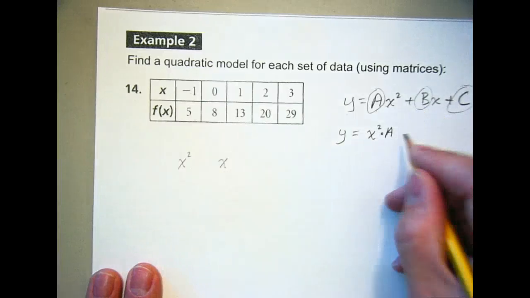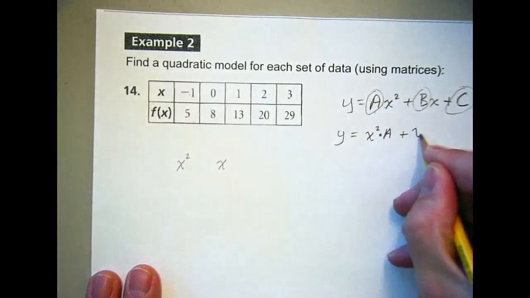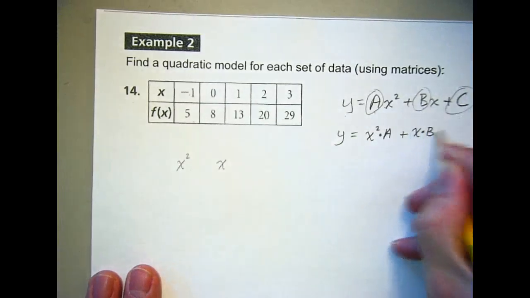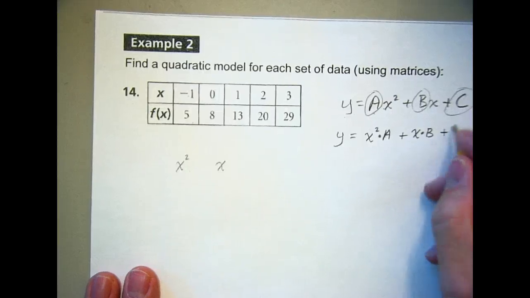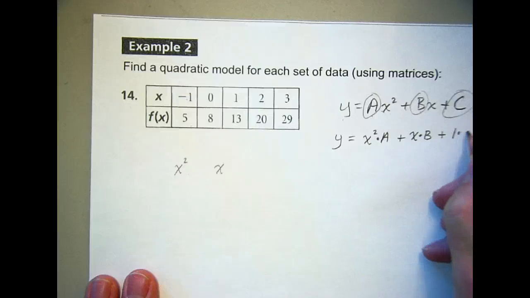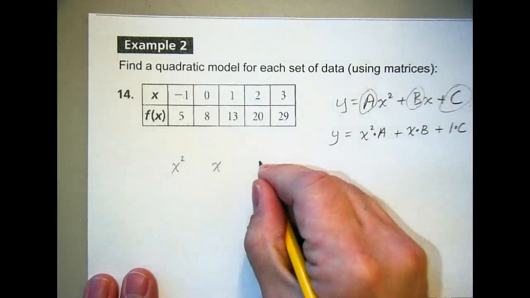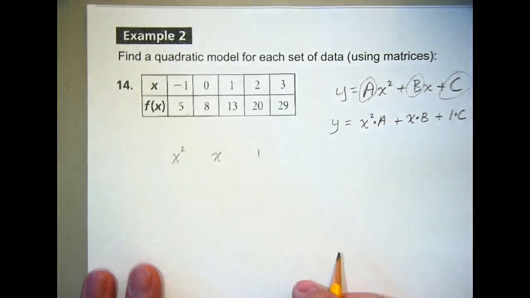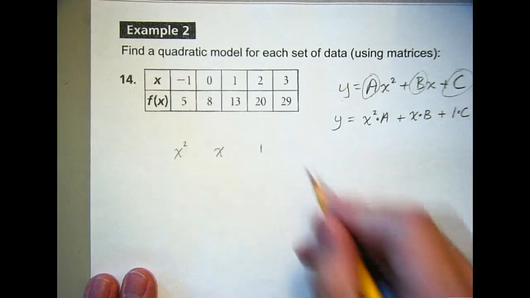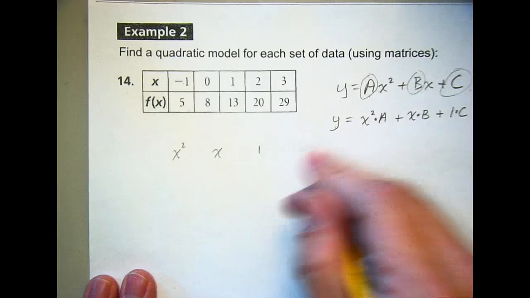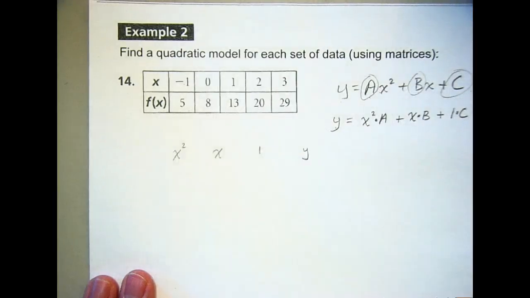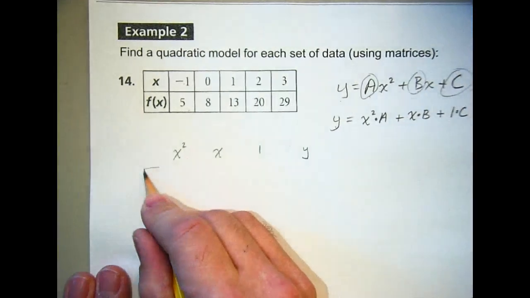My coefficient of b is what? X. So I'm just moving these around. It's okay to do that. What's my coefficient of c? Yeah, it's actually 1, right? It's 1 times c. So I think of it like this. And that's going to equal y. So this is going to be my matrix.